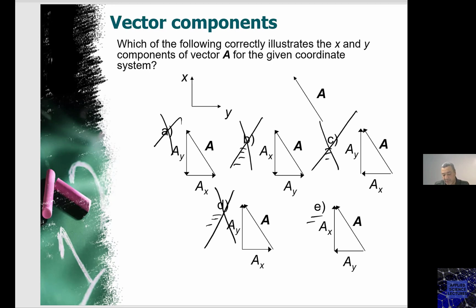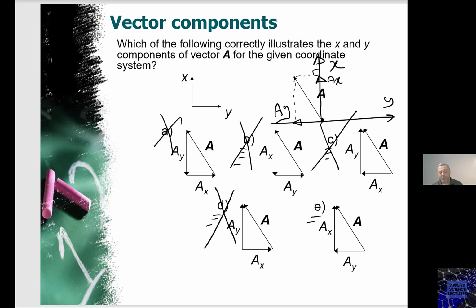Yeah, E is correct because if you bring the coordinate to the vector and put it right there, and project this vector on the X, this one should be the X. So if this is A, then this one should be AX, and this one should be AY.